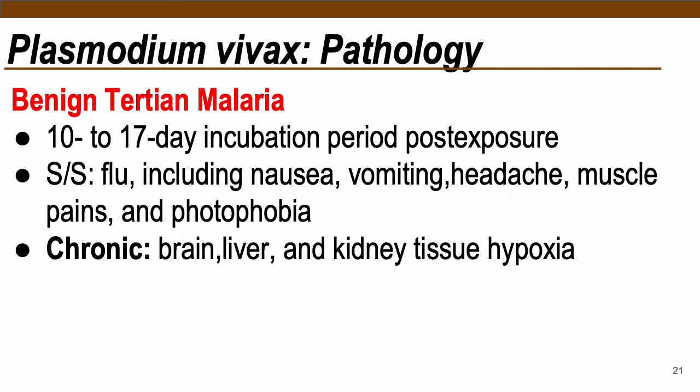For the chronic stages, this is also similar to Plasmodium falciparum, where malarial pigments and debris may block the vessels surrounding the different organs. This can cause tissue hypoxia depending on the infected blood vessels in the brain, liver, and kidney.